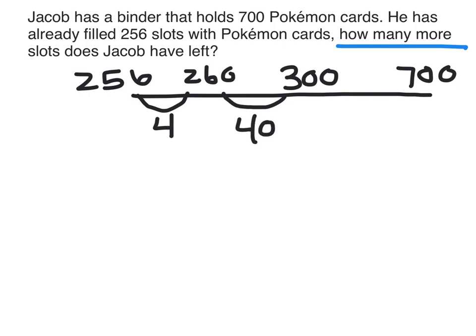All right, friends, what's our next easy number? You should notice that the next easy thing to do is to get from 300 to 700. And how many jumps is it from 300 to 700? You should have said 400.